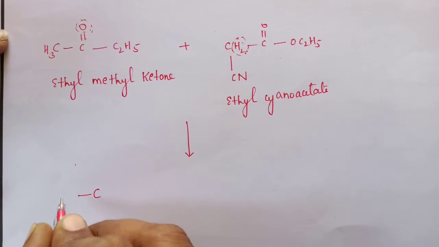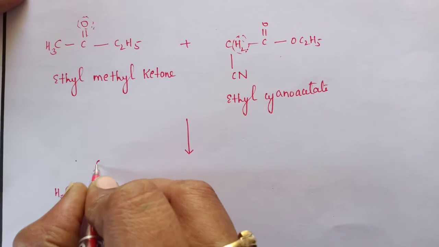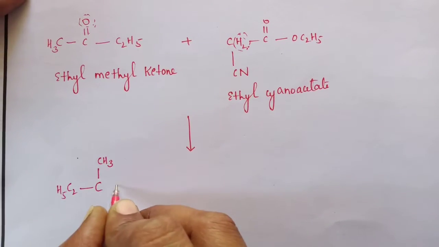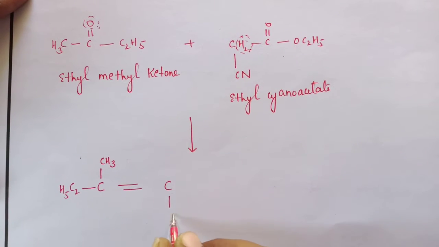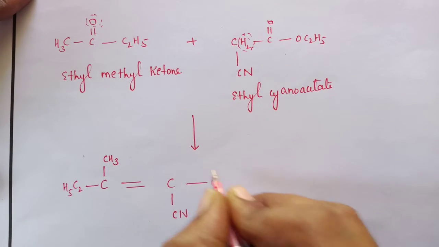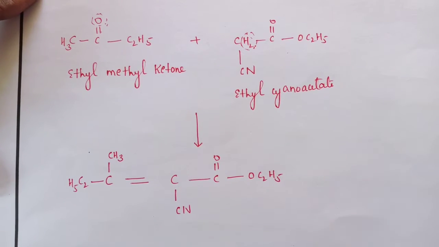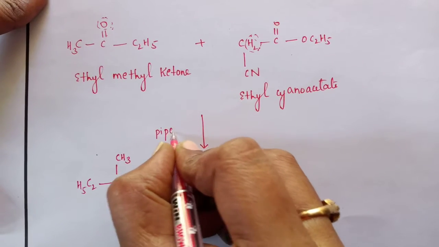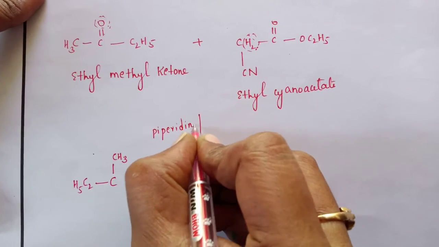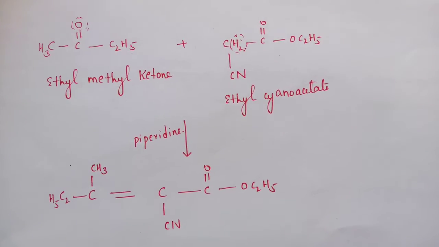This carbon possesses C2H5, keep the methyl here as CH3, write the double bond here, and write the other carbon with CN and C double bond O C2H5. This is the final product. This occurs in the presence of piperidine as a base. It is a type of Knoevenagel condensation.